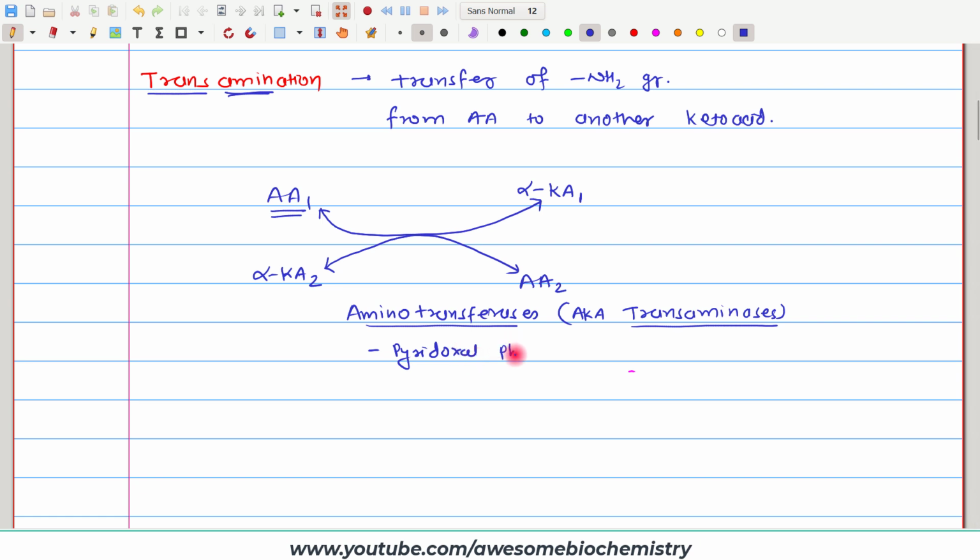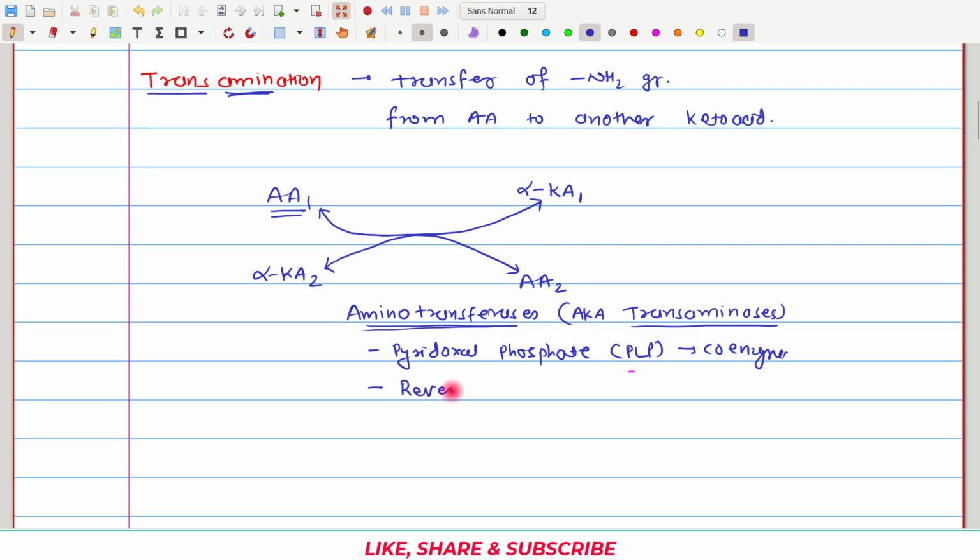So, pyridoxal phosphate, often abbreviated as PLP, acts as a coenzyme for these various aminotransferases. Remember, all the aminotransferase reactions are reversible. These enzymes are found in the cytosol or mitochondria, or at both places, in almost all tissues, right.